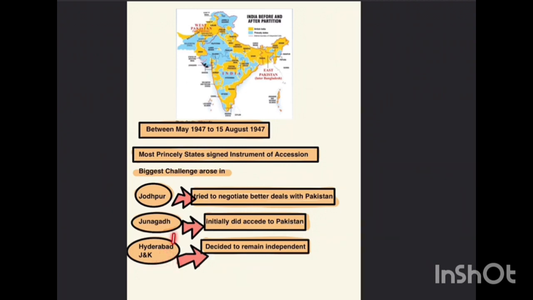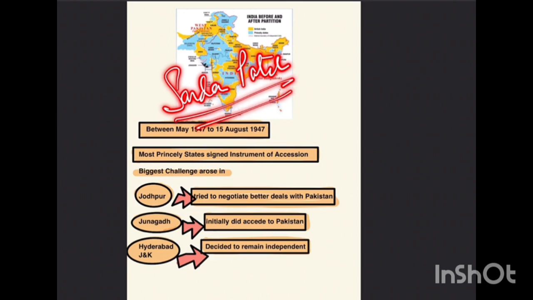And also Hyderabad and Jammu and Kashmir, two of the largest princely states in the British Indian Empire, decided to remain independent. So these 3 to 4 states posed a great challenge in the entire integration process. As we will see later, these individual challenges were tackled by the diplomatic smarts of VP Menon, Pandit Nehru, and the Iron Man of India, Sardar Vallabhbhai Patel.